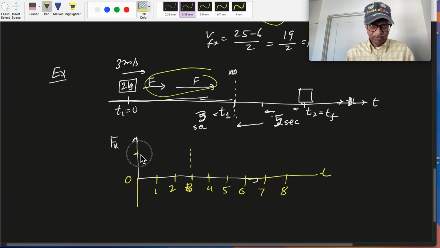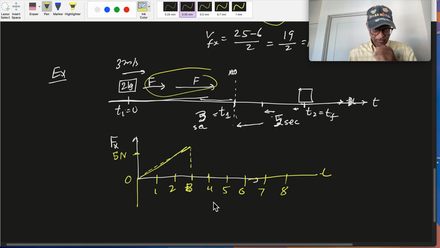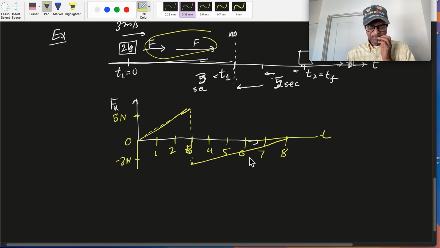Let's see, it went to 5 Newton. So it increased and then suddenly stopped, and maybe it went to minus 3 Newton, but it acted over this much time. Okay, so it's pushing back over this much time. So that's what it looks like.